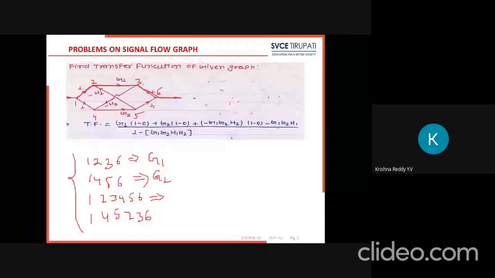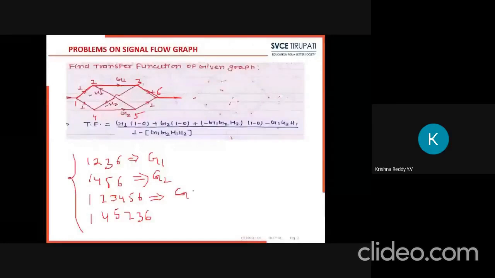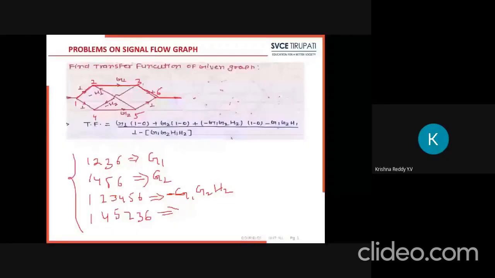Its gain is G1, minus H2 and G2, and we get minus G1, G2, H. For the fourth forward path, the gain is minus G1, G2, H. The total number of forward paths is 4. How many loops do we have?